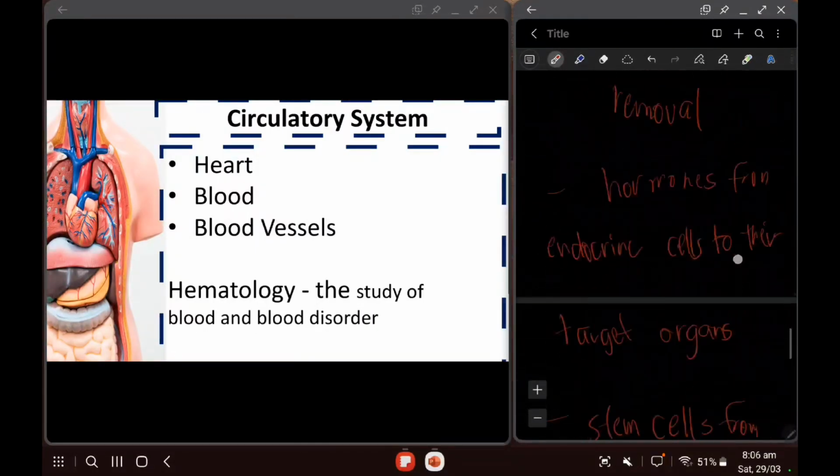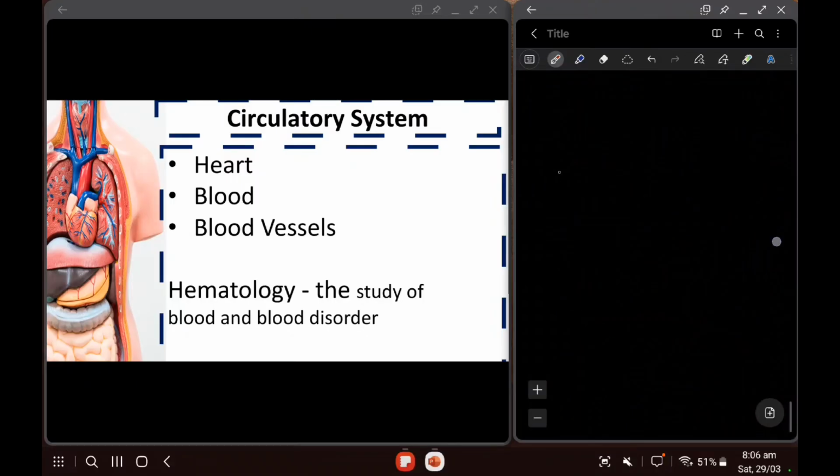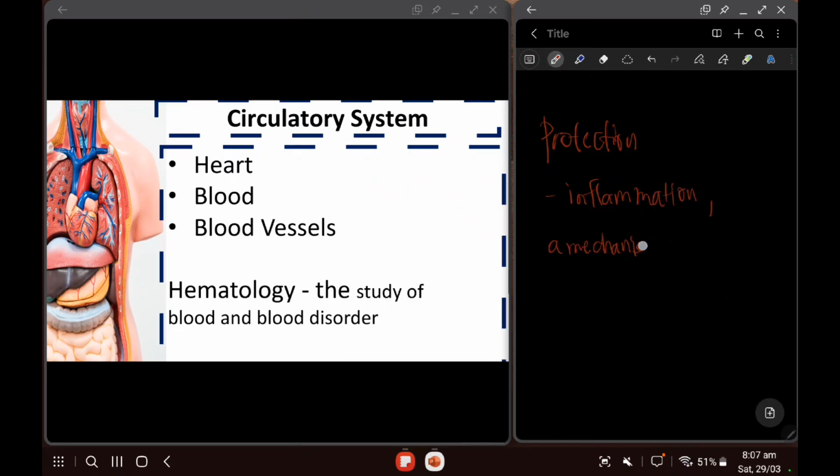Then, the other one is protection. For protection, the blood plays several roles. It can act in inflammation, which is a mechanism for limiting the spread of infection.